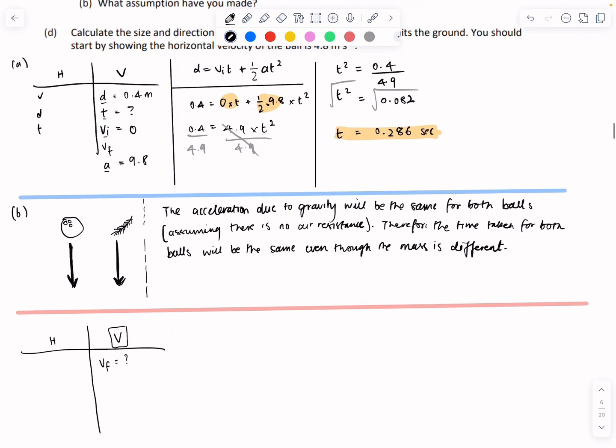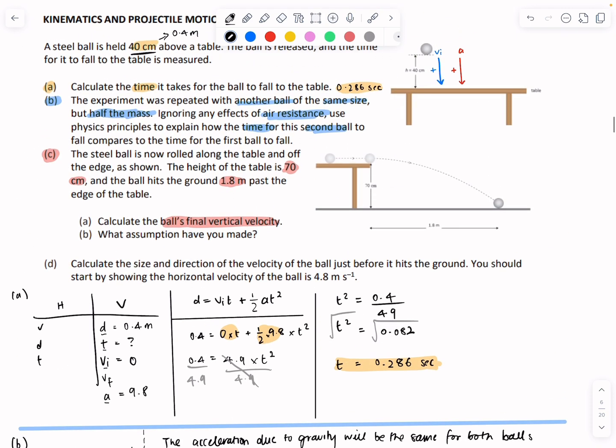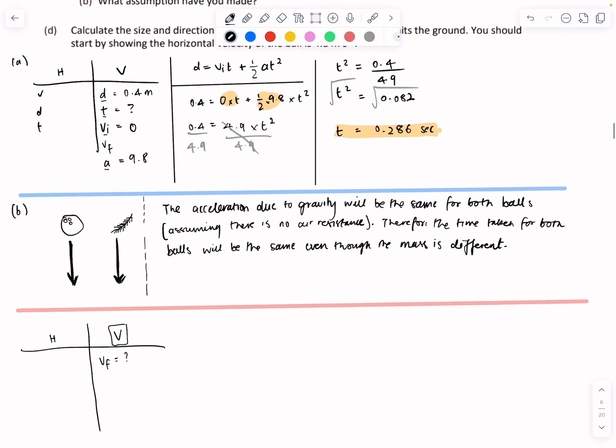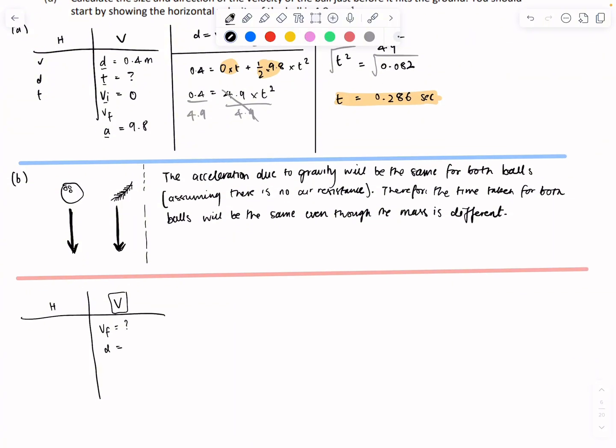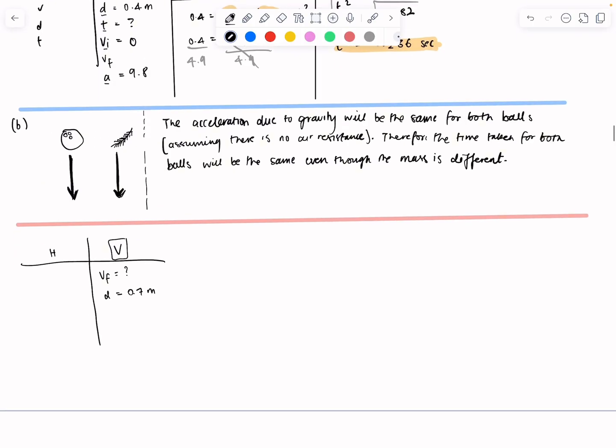Well, we have the vertical distance that this ball is going to have to fall, and that's 70 centimeters, aka 0.7 meters. Okay, convert centimeters to meters. Acceleration is 9.8 meters per second squared.